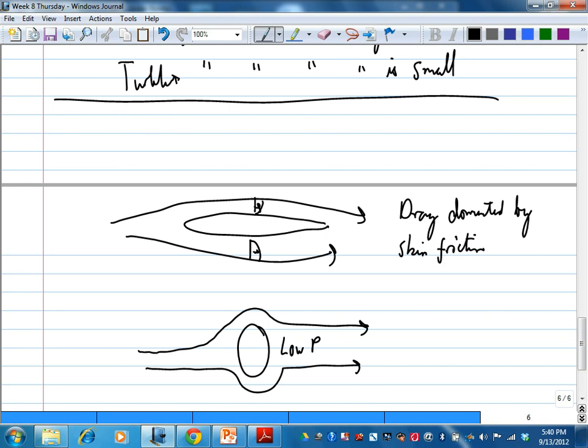Remember I said there's an unlucky fella that will go and stop here. The pressure on the front side is high enough to bring this fella to a stop, and high enough to change the direction of the flow. So you have high pressure in front here.